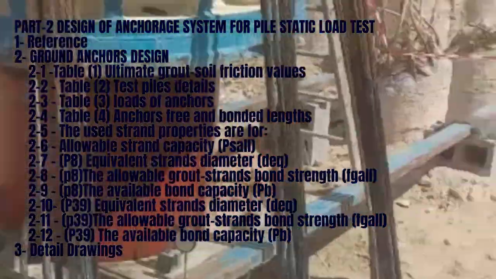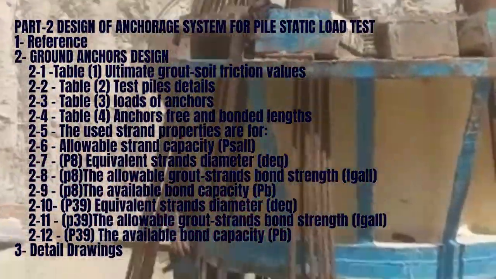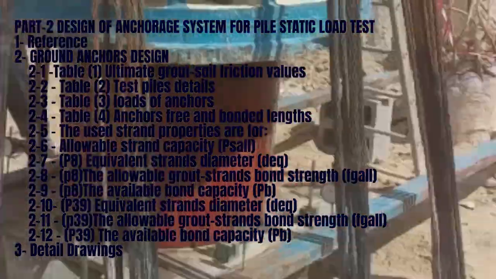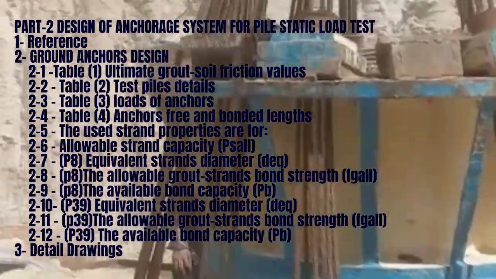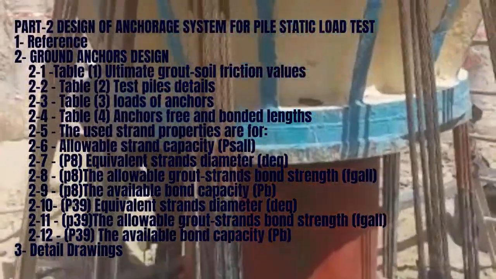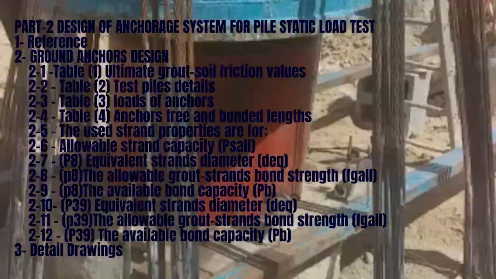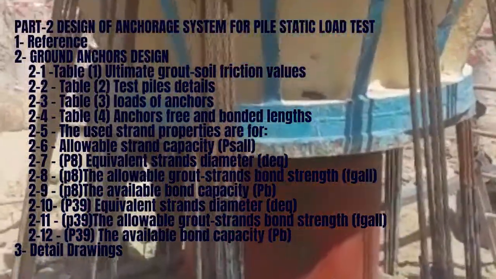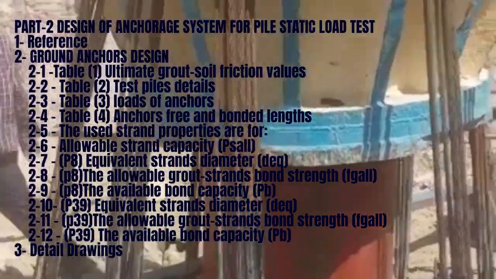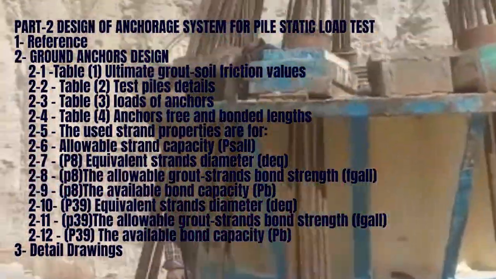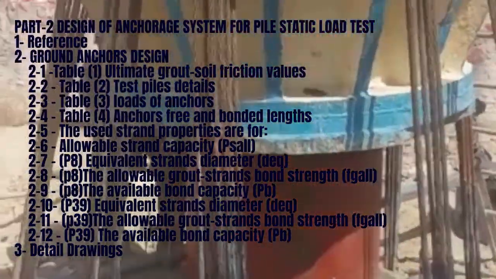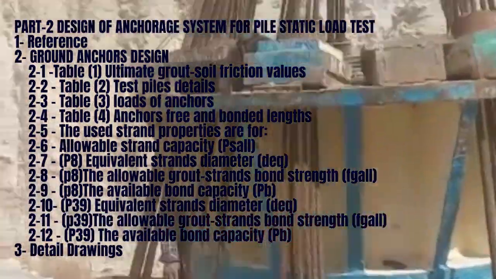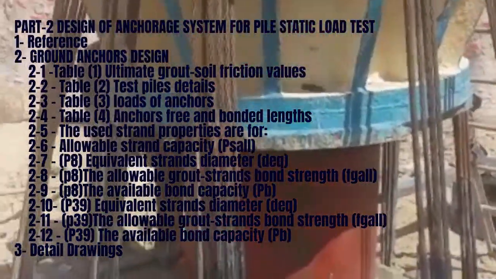and test pile details, load of anchors, and the free and bonded lengths. The strand properties used will also be presented, and the allowable strand capacity will be calculated. We have two piles in this situation, so the equivalent standard diameter will be calculated, the allowable ground standard bond strengths will be calculated, and the available bond capacity will be checked.